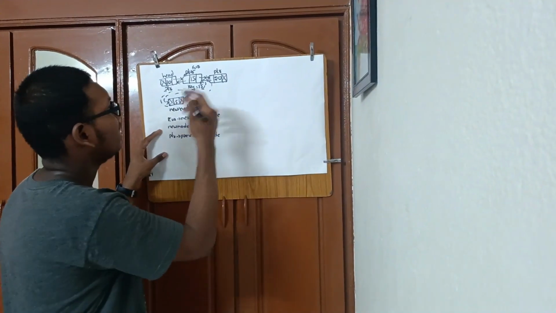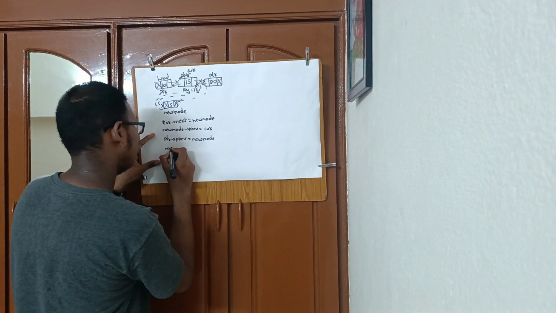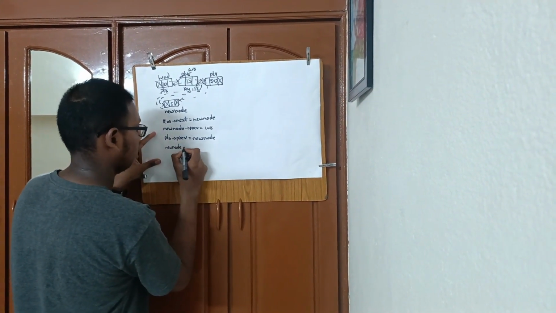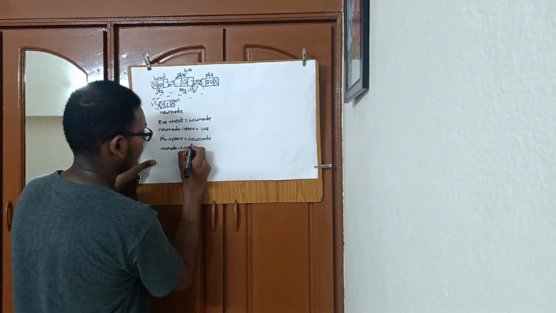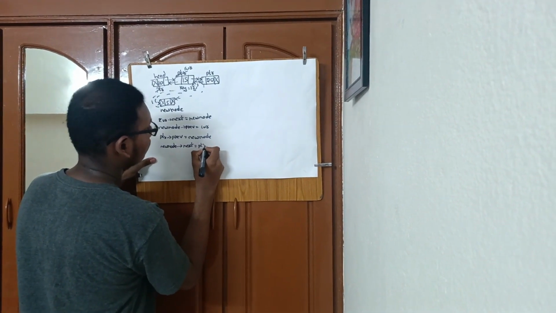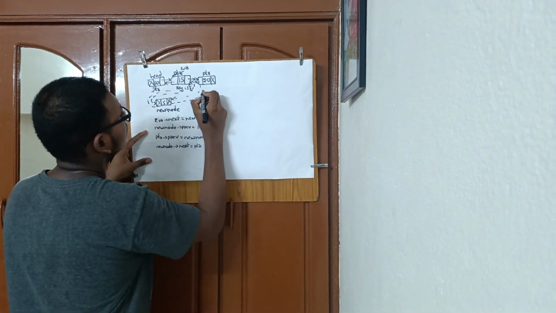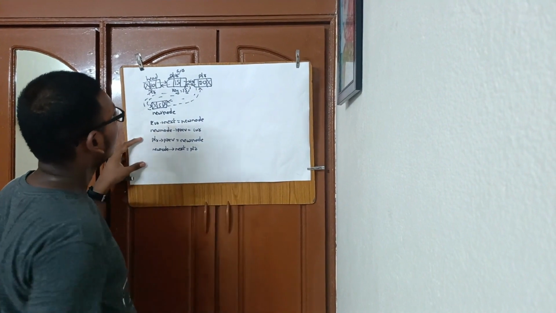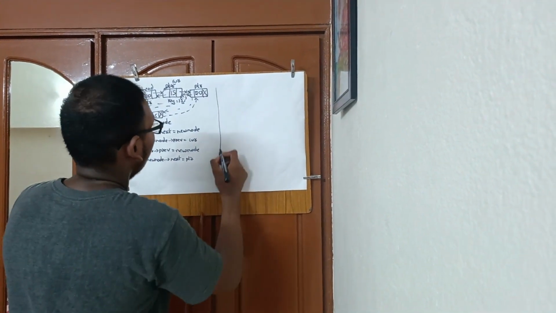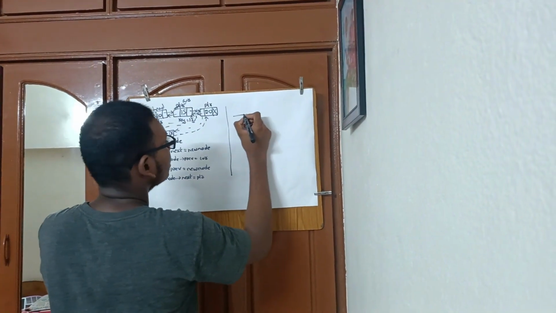And now new node next equals to ptr. So after insertion, the double linked list will be as follows.